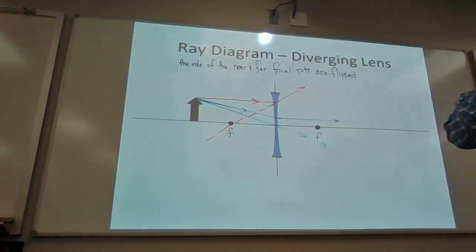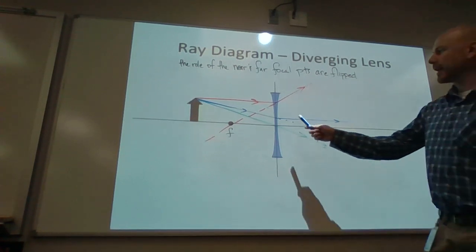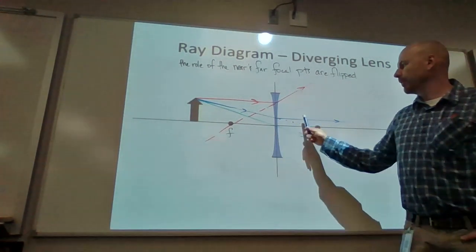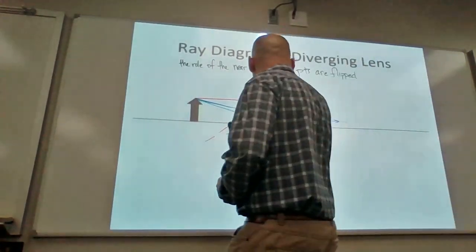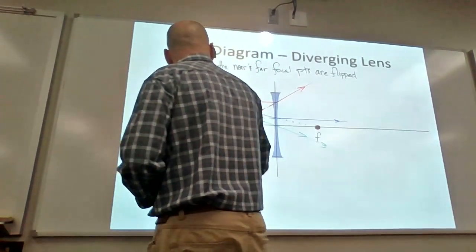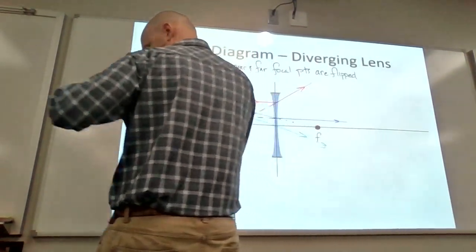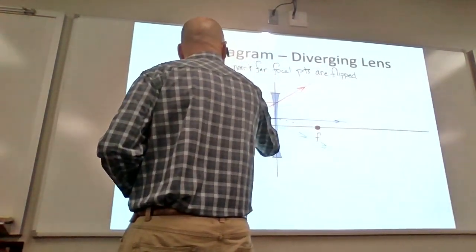The green one is just the green. Then the blue. Which one's refracted? A or B? B is refracted, so I'm extending the refracted ray backwards, and they intersect there.